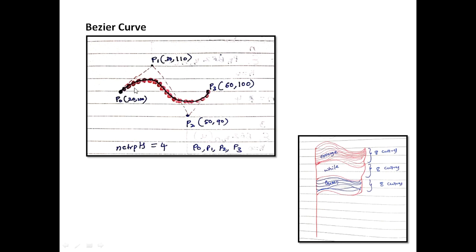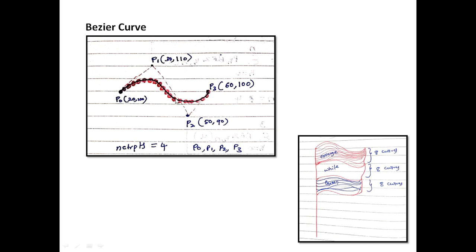So we know the Bezier curve. The definition of a Bezier curve is that a curve is a collection of points. Each point has neighbors, except the first and last points.